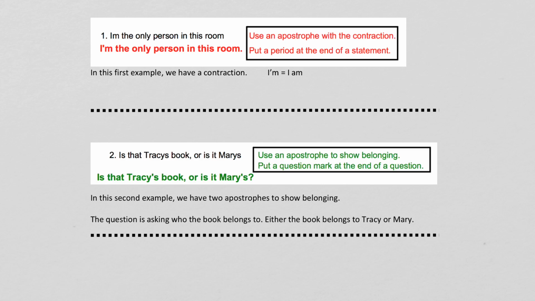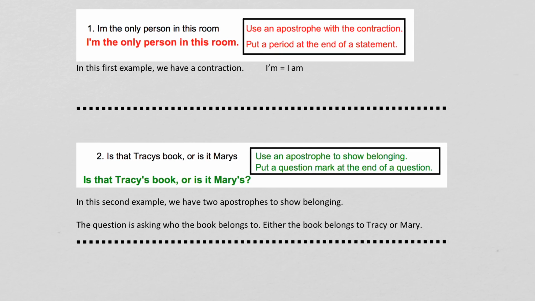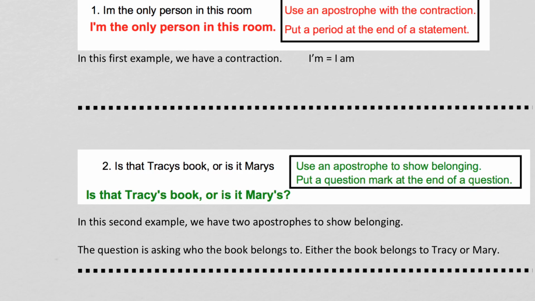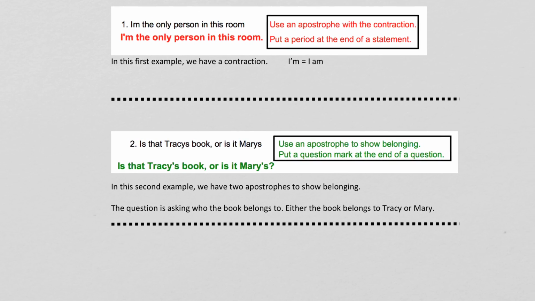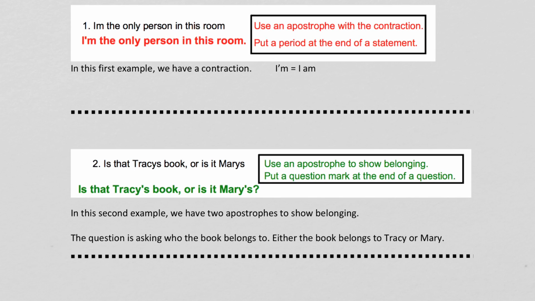Let me give you here this first example using an apostrophe. I'm the only person in this room. So you see at the top is a sentence without the contraction, I apostrophe am, I'm. And then at the bottom you see a sentence that has it. And also, I thought this would be a good opportunity to do a little tiny bit of a sentence review.